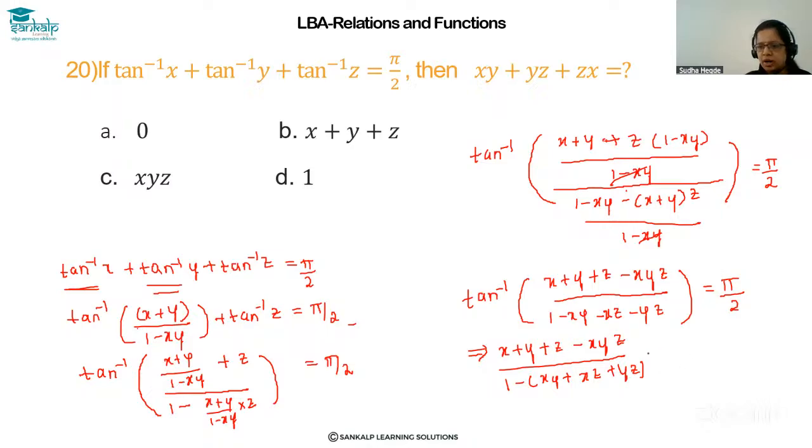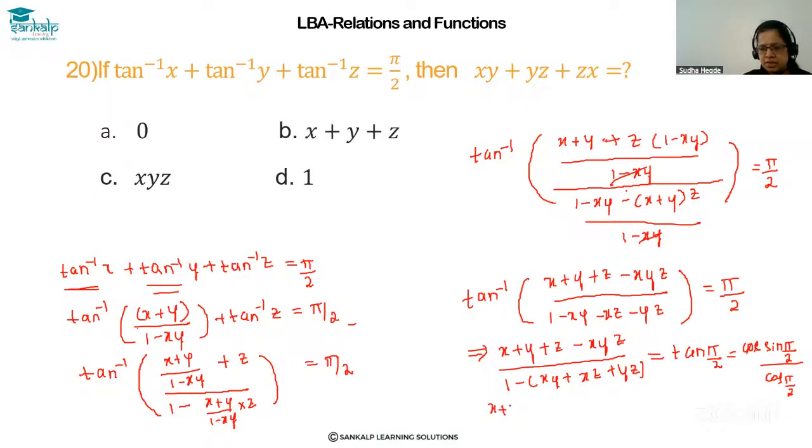You are moving tan inverse to the other side, therefore it is tan pi by 2. So that is tan pi by 2 can be written as sin pi by 2 divided by cos pi by 2. Correct? Now cross multiply cos pi by 2 to here and sin pi by 2 down. Or you can substitute the sin pi by 2 and cos pi by 2 values and then cross multiply.